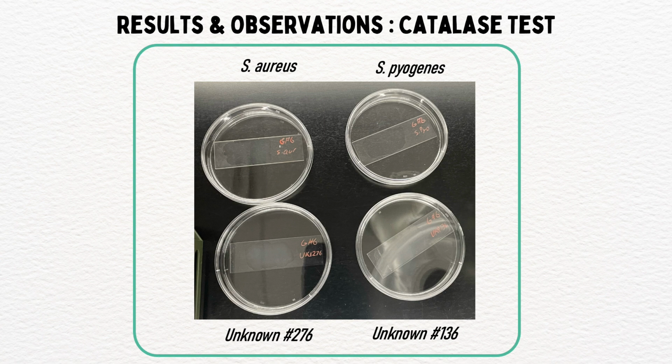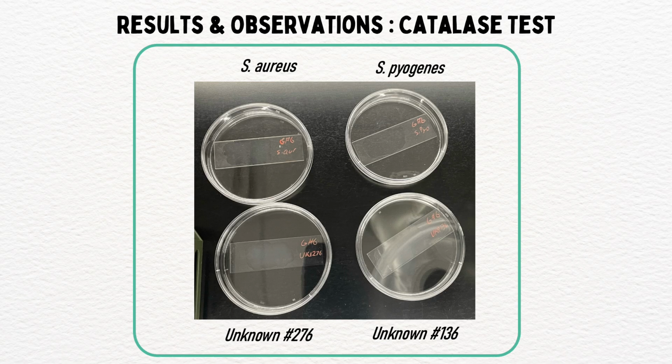Now for Streptococcus pyogenes, our observation was that no bubbles were seen, meaning that this was a negative result, and this was primarily due to a lack of catalase, which means that it was not able to decompose the hydrogen peroxide. Now for unknown 276, we noticed that there was vigorous bubbling upon hydrogen peroxide contact, meaning that it was a positive result, indicating that it was a catalase positive organism and possibly a Staphylococcus species.